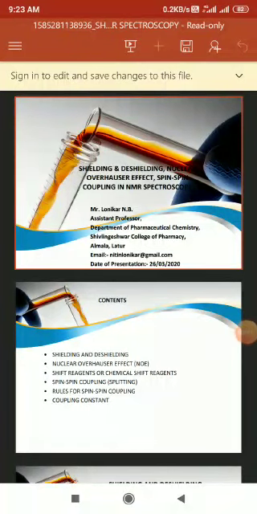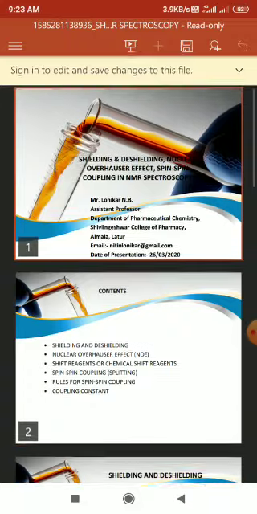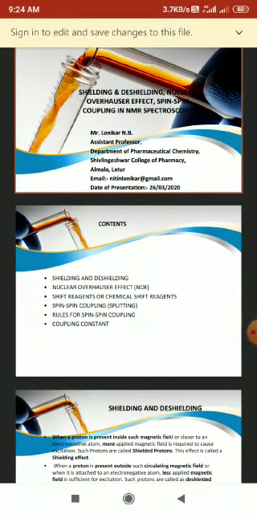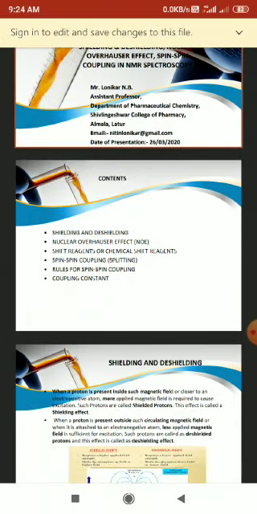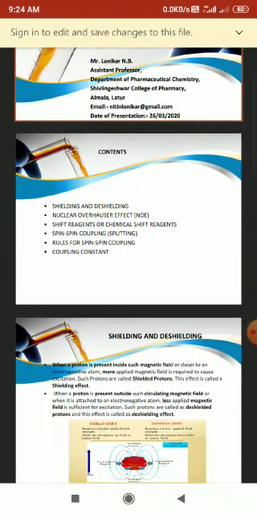Dear students, in this PowerPoint slide we will see shielding and deshielding, nuclear Overhauser effect, and spin-spin coupling in NMR spectroscopy. The contents of this PowerPoint are: first, shielding and deshielding; second, nuclear Overhauser effect, which is also called NOE; shift reagents or chemical shift reagents; spin-spin coupling, which is also called spin-spin splitting.